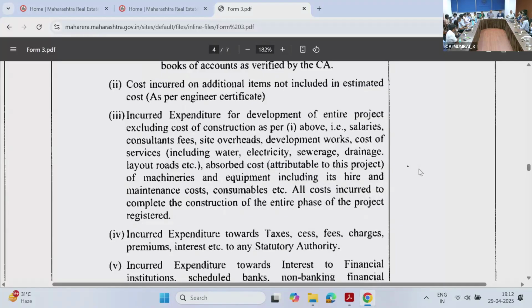If the main building is X and ABC is attached to this, which are additional items not covered in the cost of the project, might be taken in this, and this will also be part of the overall cost of the project. Stack parking, Bhavesh, please give your views. Many times the engineer certificate gives stack parking differently in other items.